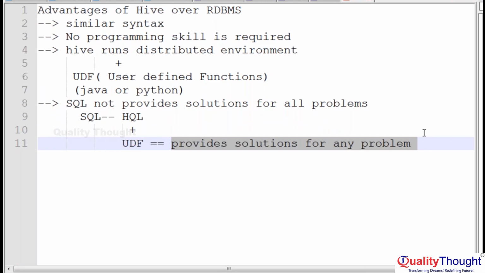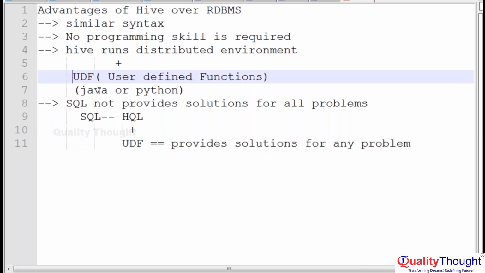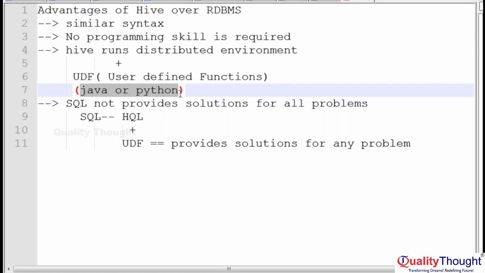Because UDFs we implement by using Java or Python, these are languages, and languages provide a solution for any problem. So we write UDFs in a language, then we attach this UDF with our query. Then we can provide a solution.